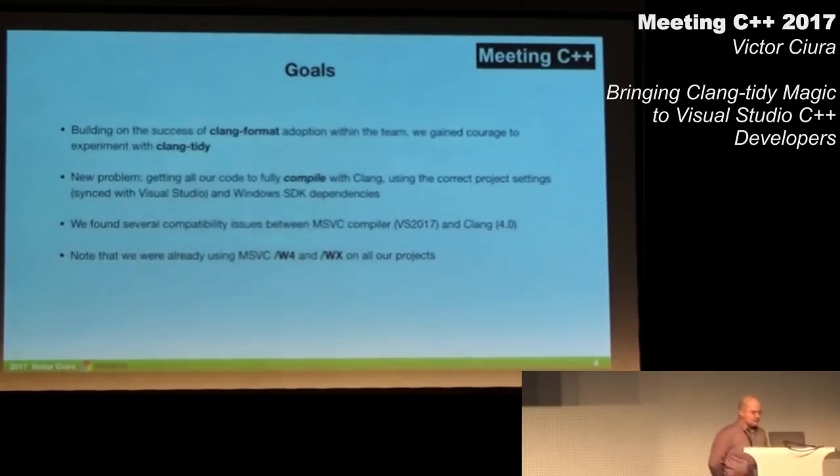But clang-tidy needs to be able to properly compile your code base, at least at the front-end level. So, as you might imagine, we found several compatibility issues between the Visual Studio compiler and Clang 4.0 that we started with. And just a note, we were already on the highest warning levels with Visual Studio using /W4 and treating all warnings as errors.